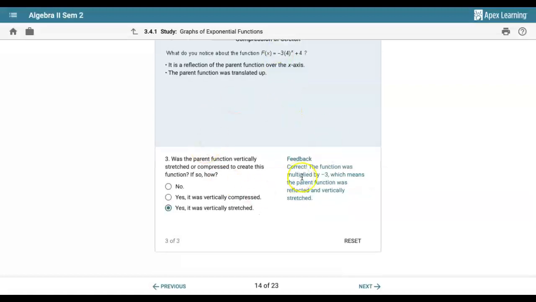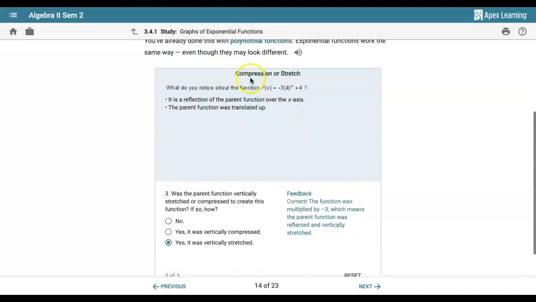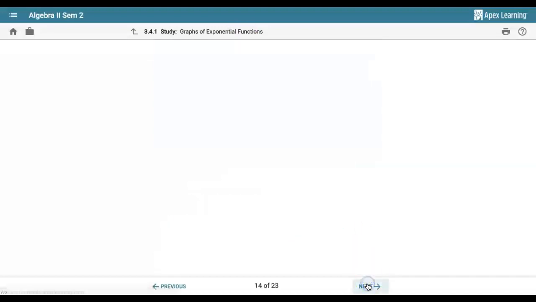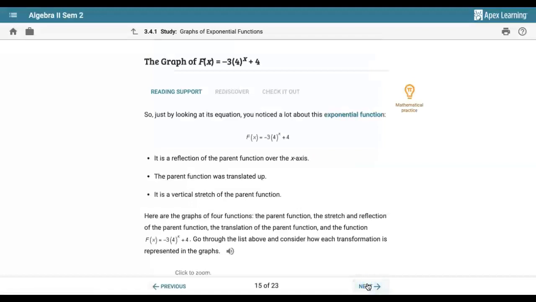That's how we can dissect this entire function, piece by piece, asking basically those 3 questions: Is it a reflection? Was there a translation? And is there a stretch or compression? Those are the 3 main questions.